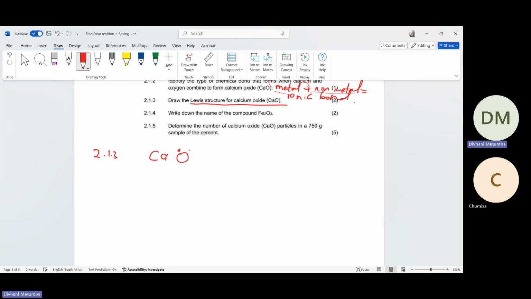So 1, 2, 3, 4, and then 5. Okay, perfect. Now, how many electrons does calcium lose or gain when it reacts? Let's start from there. Miss?